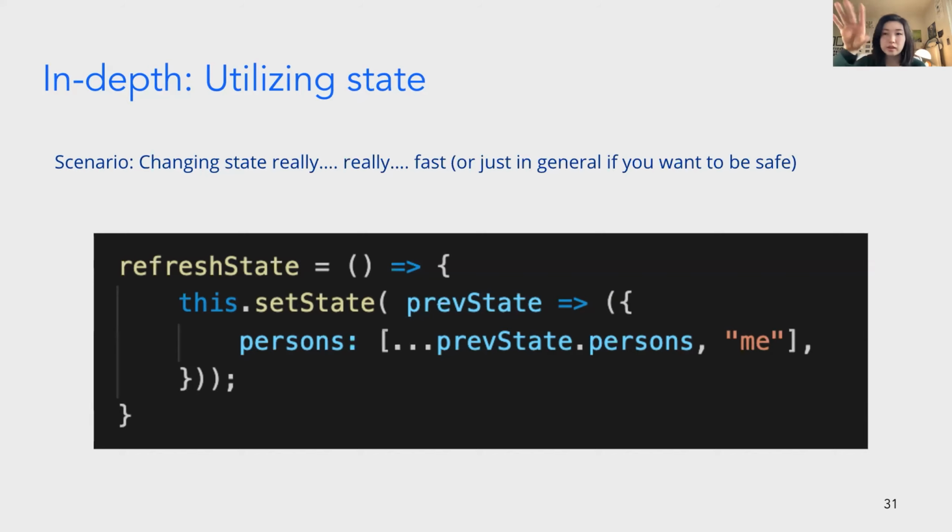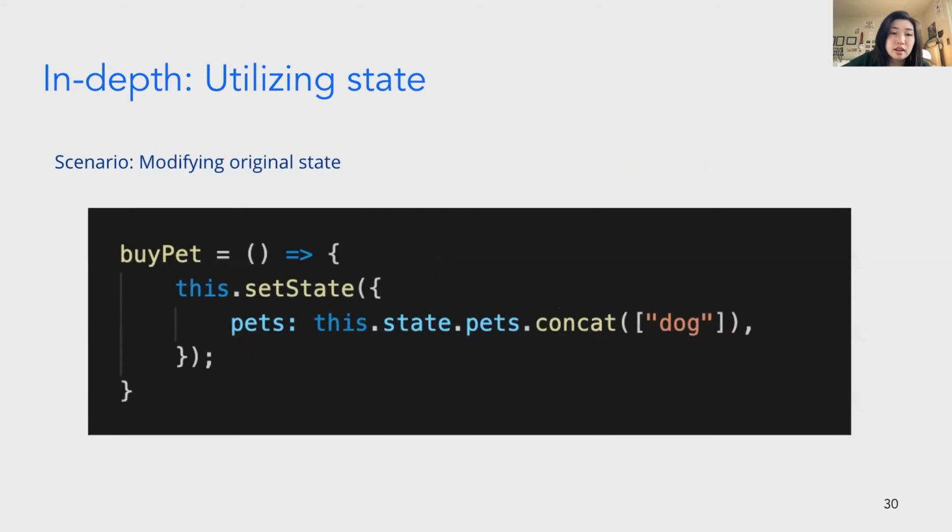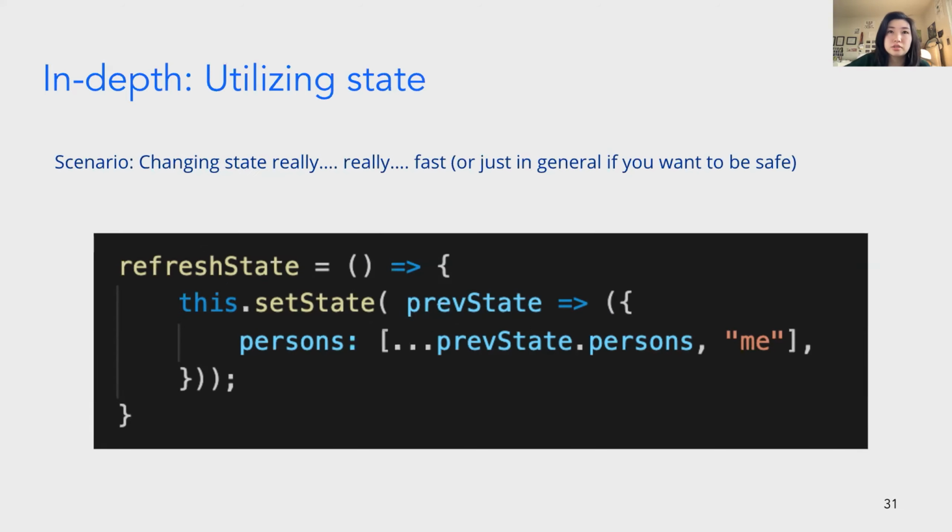Basically, we're going to sort of black box it, but if you want to change state really fast, let's say you're making a to-do list website, and you might expect users to click 10 items off their list within a second. Sometimes if you do that using the previous syntax, using this, it might get messed up, and your state might not update correctly. So this is the safer option using the keyword prevState, which represents previous state.